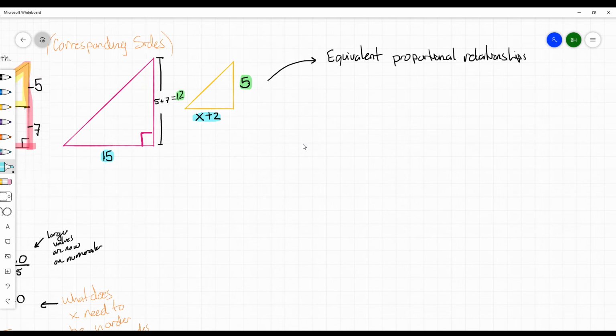You can either have the blue ratios equal to the green ratios. That's an okay thing to do. Or you can flip them, move them around. You can have the greens on top, blues on the bottom.